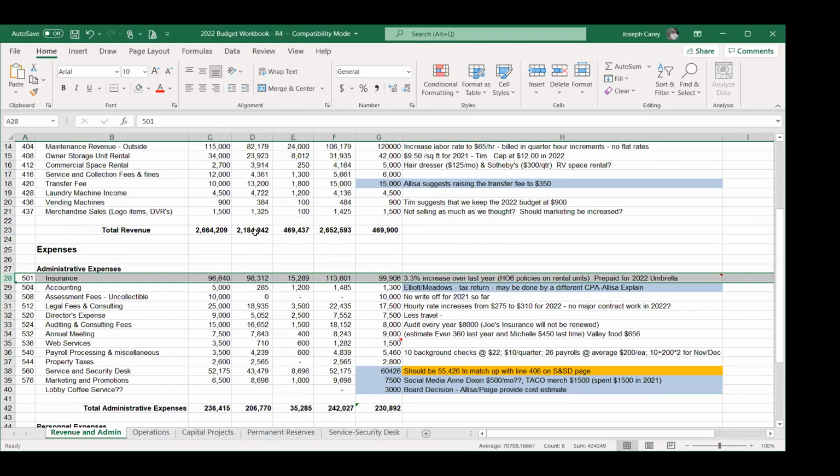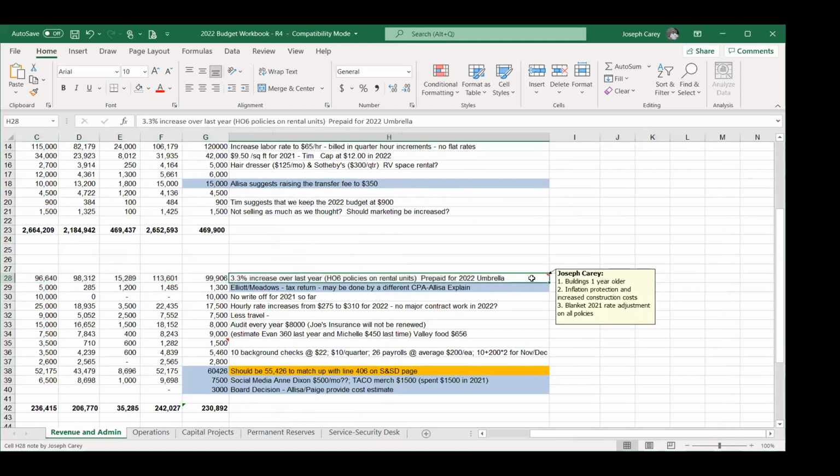We had a slight increase in rates, and this note out here to the side is the explanation of that increase. Buildings are a year older. We've got increased inflation protection for increased construction costs.